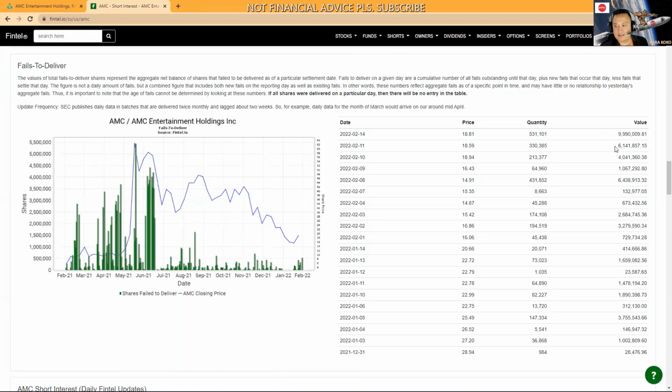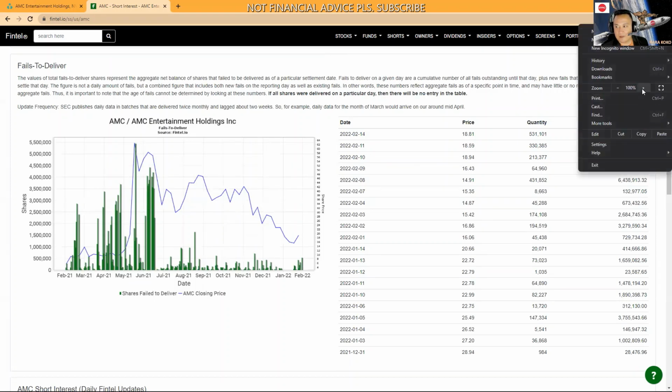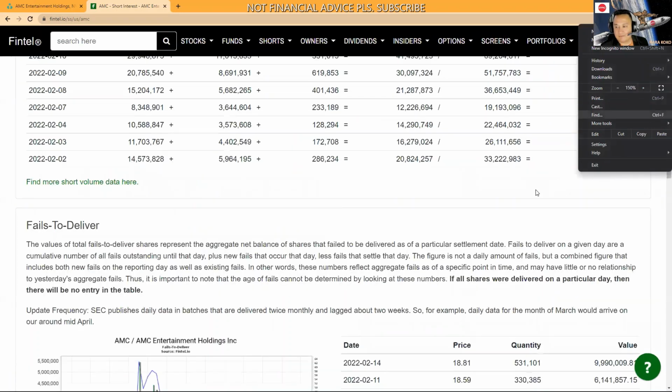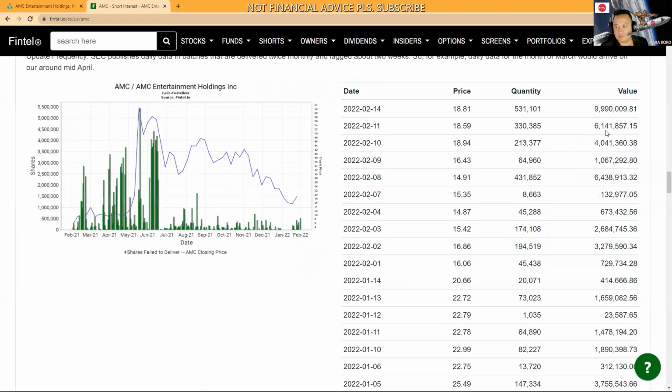All right, take a look at this information. 9,990,000, almost 10 million on February 14, 6 million on February 11. 6 million, 4 million, 1 million, 6 million, 132,000, 673,000, 2 million, 3 million, and so on.